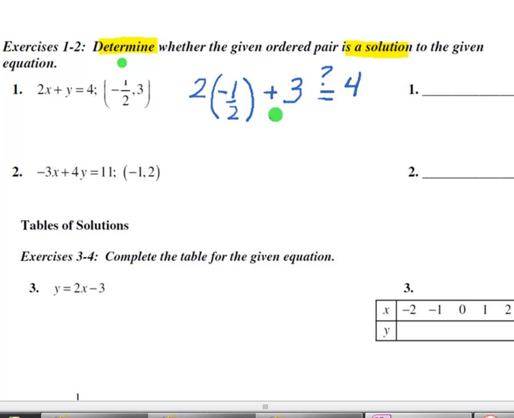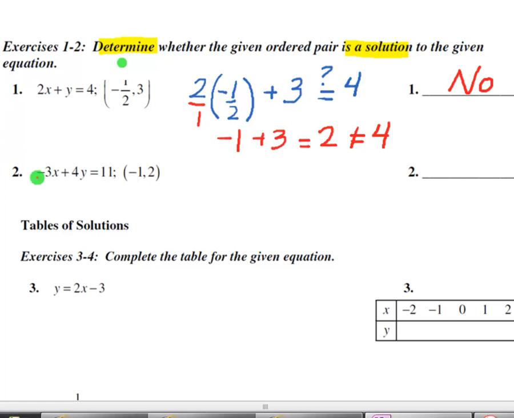And we're going to see if we get that 4 that's on the right-hand side of this equation. So as you know, 2 is 2 over 1, and we need to do this multiplication first before we do addition. So this 2 over 1 times -1/2 gives us -1. And -1 plus 3 is 2, and that is not equal to 4. So no, this ordered pair is not a solution to our equation.